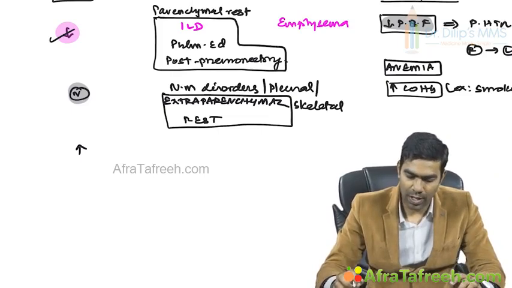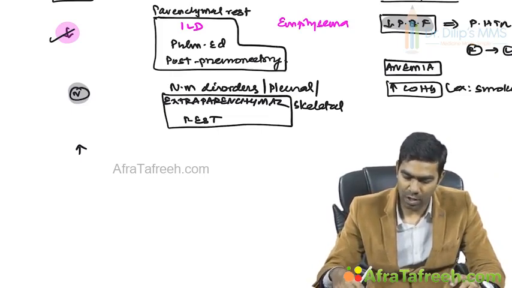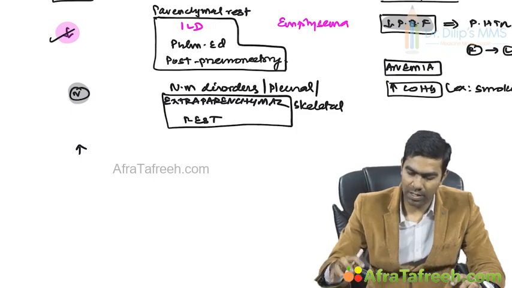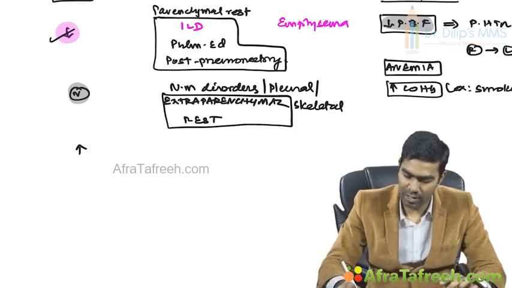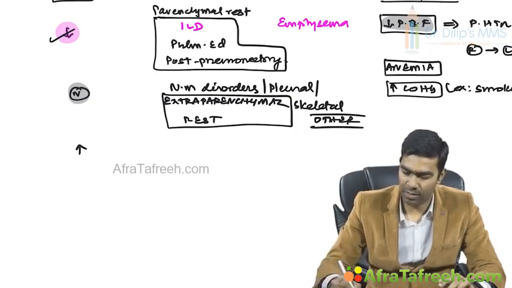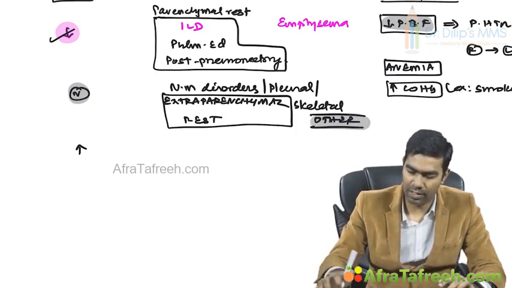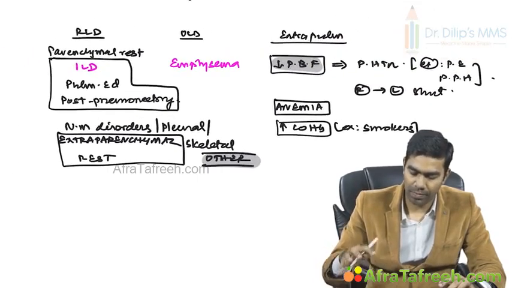Okay, which OLD can have a normal DLCO? Typically, you will see it in the other OLDs. All the other obstructive lung diseases will have a normal DLCO. What are the other obstructive lung diseases you can tell that can have a normal DLCO?